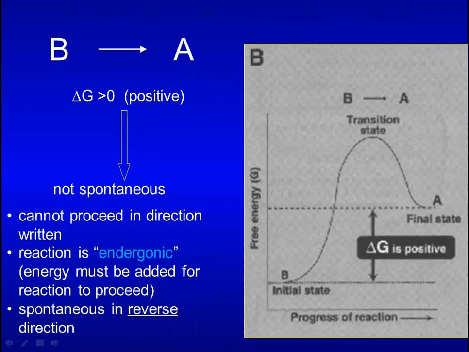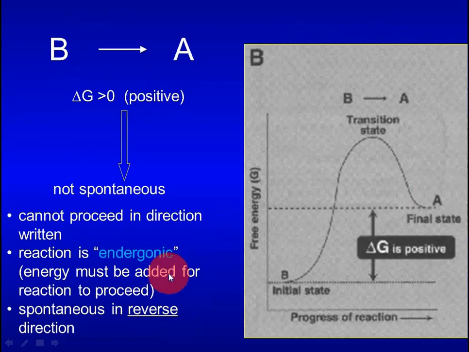On the other hand, if delta G is positive, such as the reaction shown here, free energy will be increased. We know from organic chemistry, this reaction cannot proceed in the direction as written. This reaction is endergonic, meaning energy must be added for the reaction to proceed.